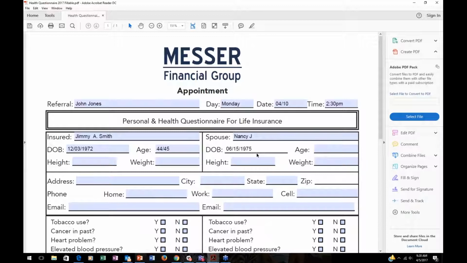So even though the numbers tell us she's just 41, she is going to be aged up to 42 because she is now definitely within 6 months of that birthday.